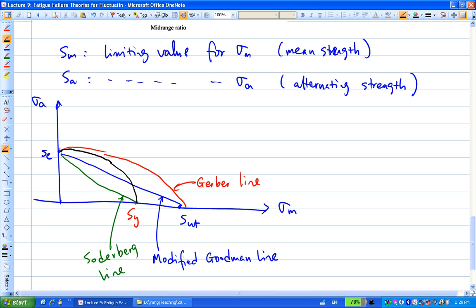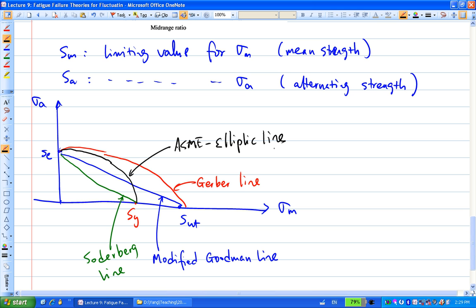So that's the four basic failure theories for fatigue loading with respect to fluctuating stress. This black line here is called the ASME elliptic line. Yeah, it's a curve, but we still call it a line. So that's the four basic ones.